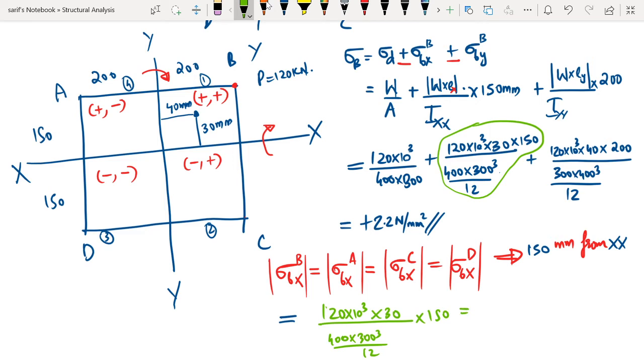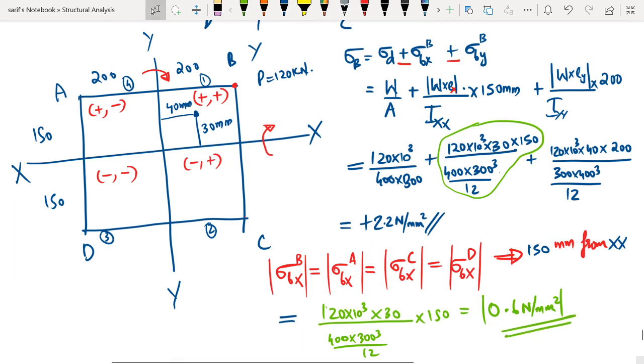The magnitude of this stress comes out to be 0.6 Newton per mm square. So this is the magnitude of this stress.